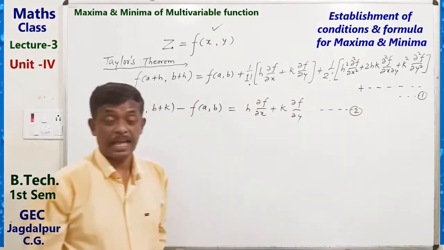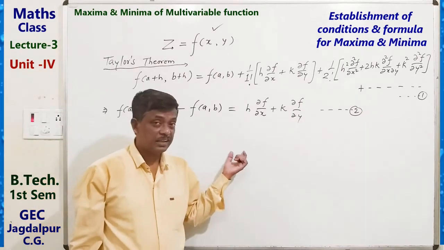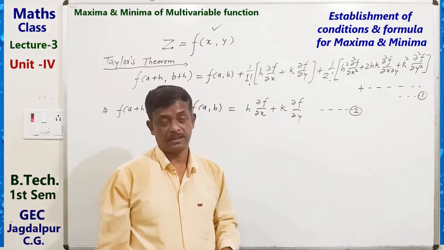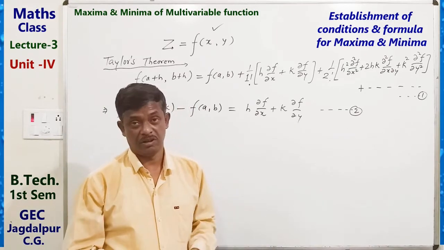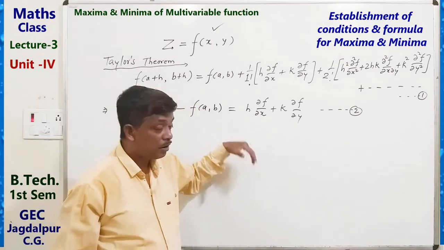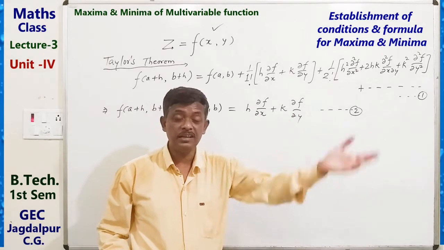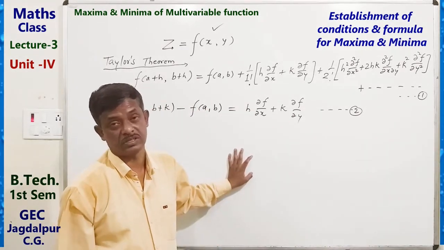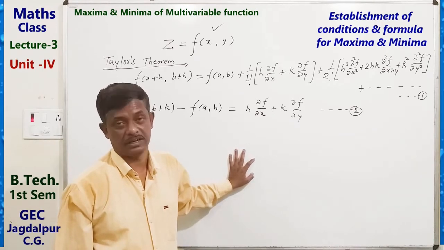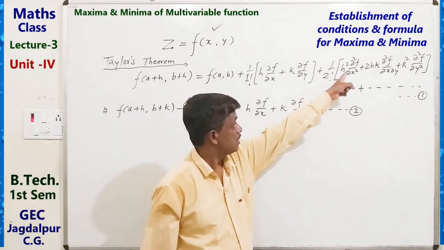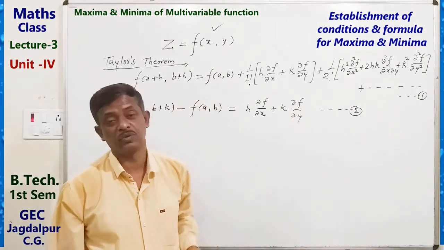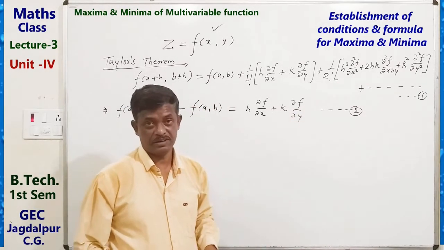Here, as we take a small neighborhood, h and k are very small, and its second degree and higher degree terms will also be very small. So we can neglect those terms. Here h square, hk, k square are very small quantities, so we can neglect them.